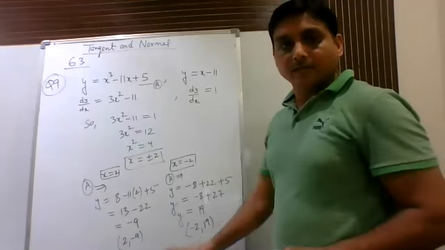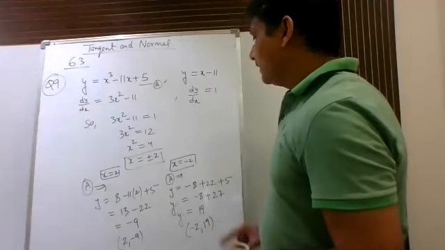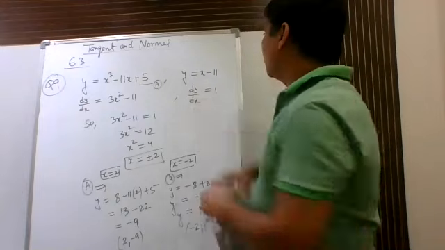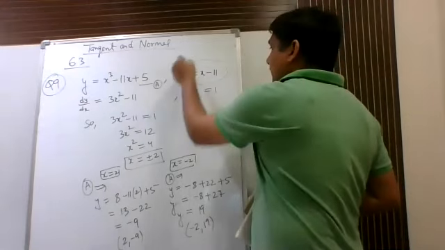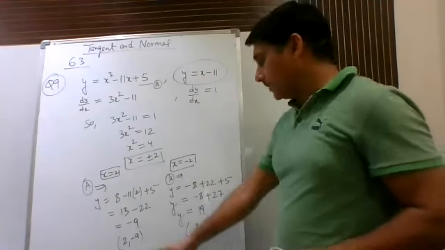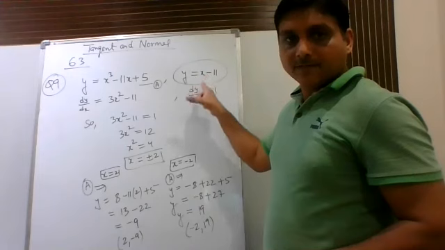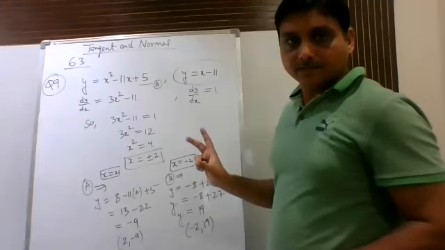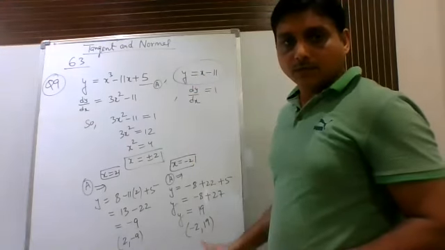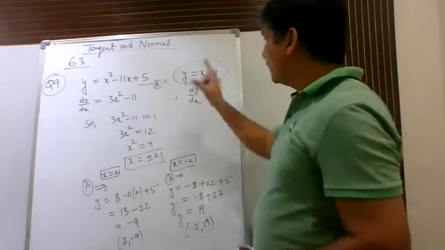So these are the 2 points which we are getting. Now, after this, you have to see this is the equation of the tangent, which was given to us. What you will do is substitute these 2 points in this equation. Whichever satisfies the equation will be the final answer, because out of these two, one will be the answer.